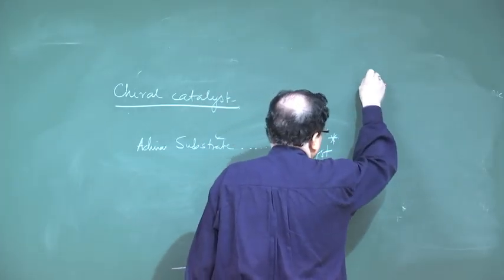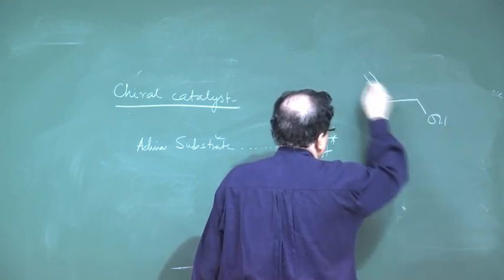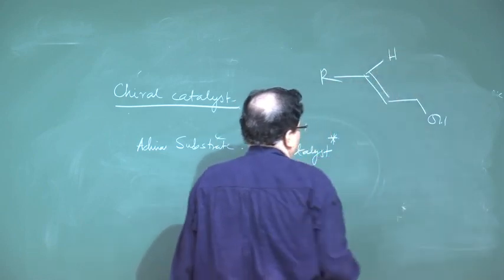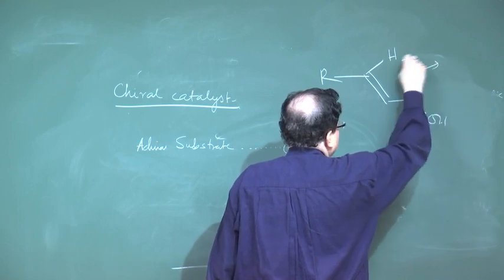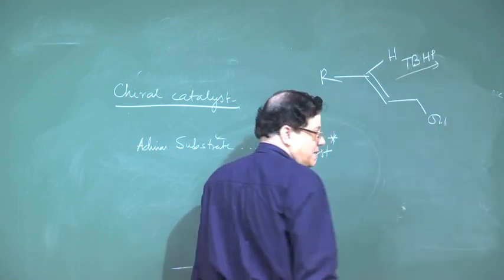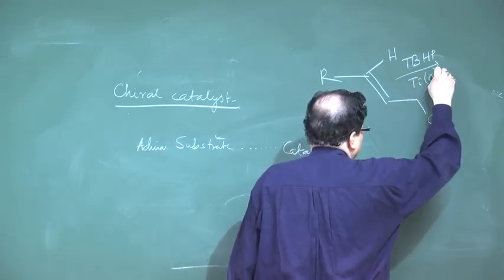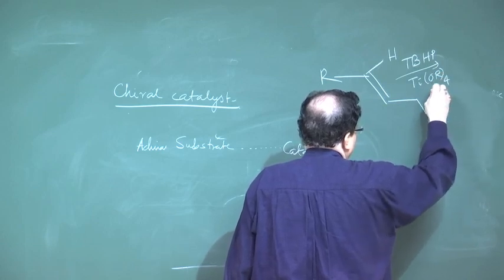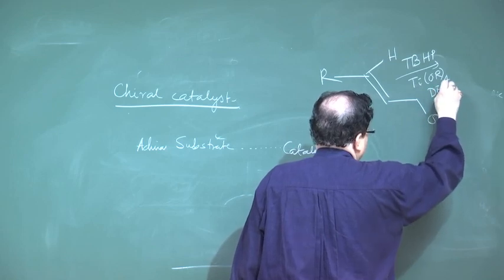You write this compound with this as your R group, this is the hydrogen, and your reagents are T-butyl hydroperoxide, that is the oxidizing agent. Then you have the catalyst titanium isopropoxide, I just write OR4, and you have the diethyl tartarate.